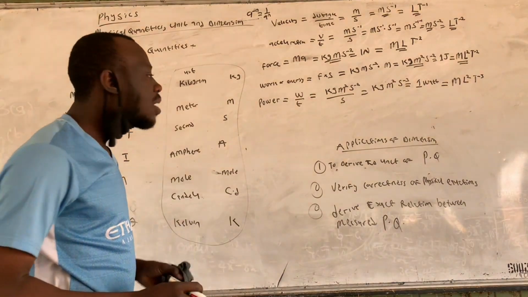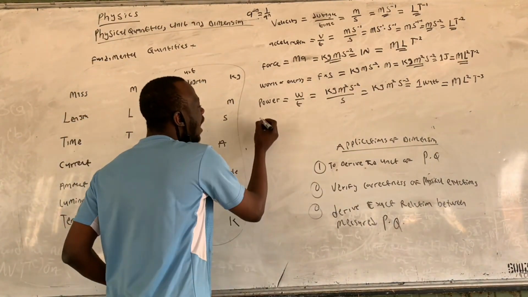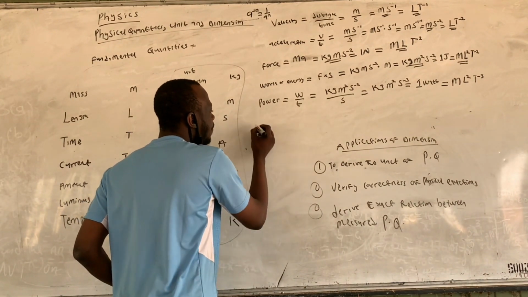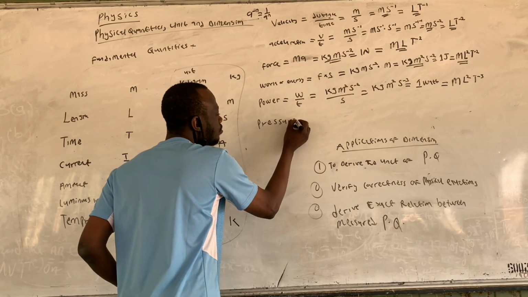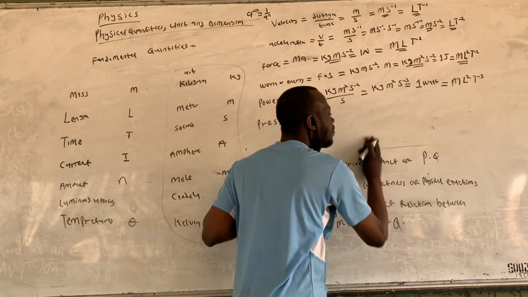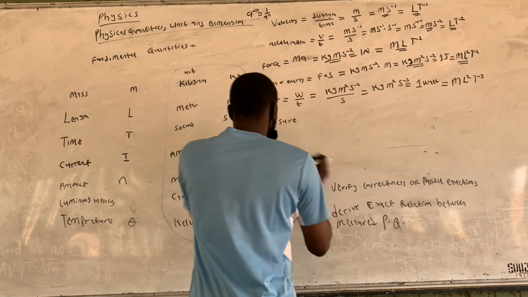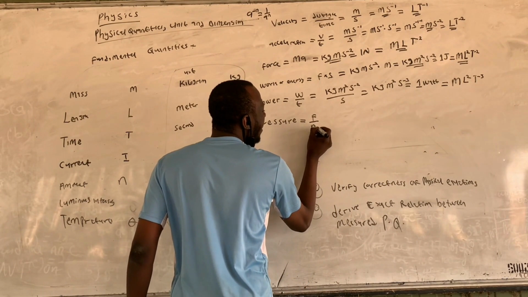So now, for example, we have another one like pressure. Pressure here is force over area.